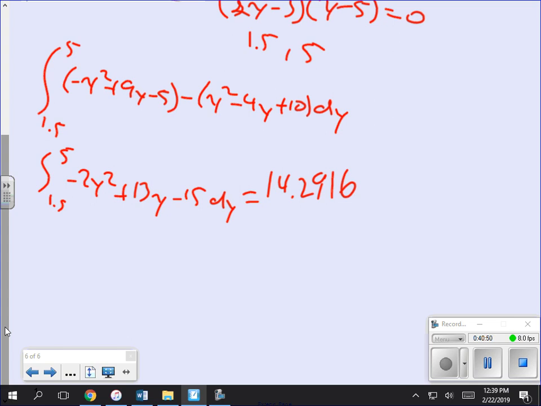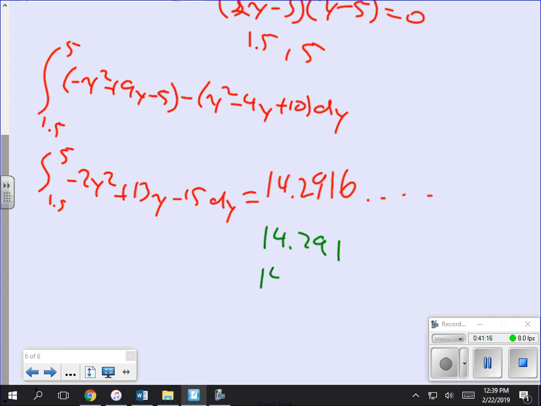Truncated or rounded, Mr. Orris, what do you mean by that? I hear you cry. Here's what I mean. So this is my answer, and technically it goes on from here. Truncated means I cut it off. 14.291. It just cut it off with 3 decimal places.